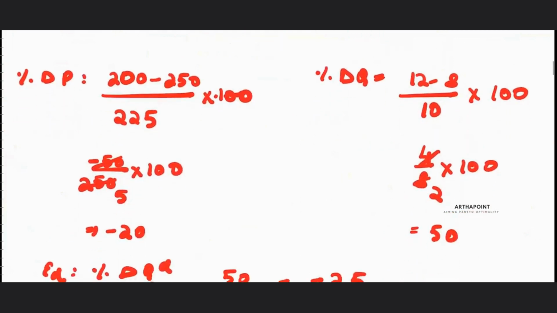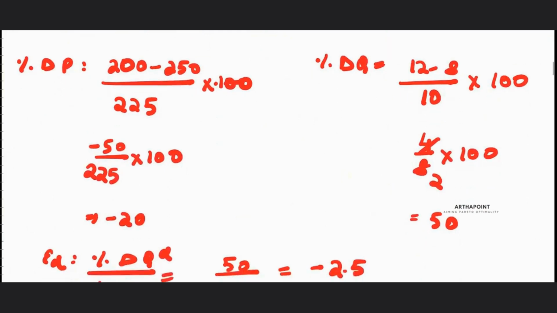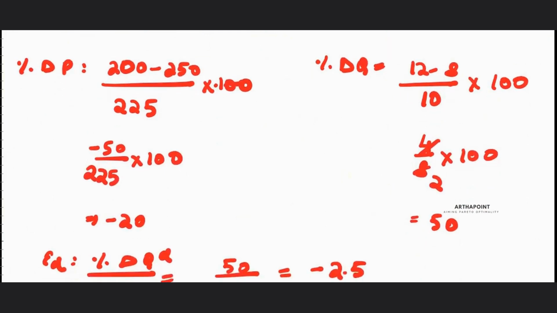Okay. So now if I do this, I will get minus 50 by 225. Right? And here I will get 4 by 10, so this will become 40. And if you solve this, what will you get?